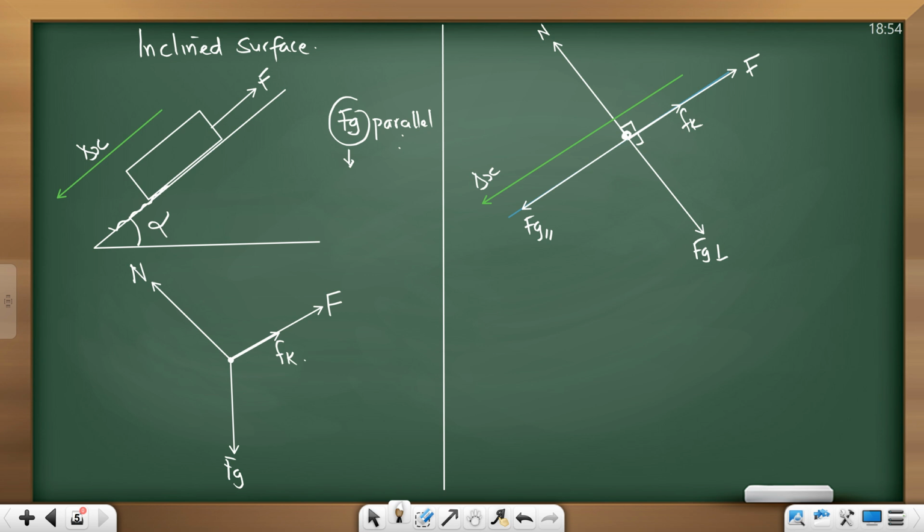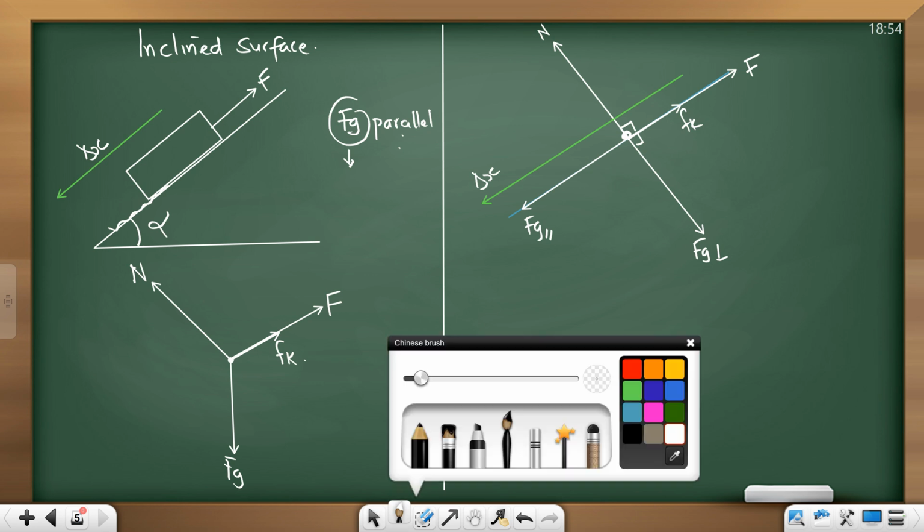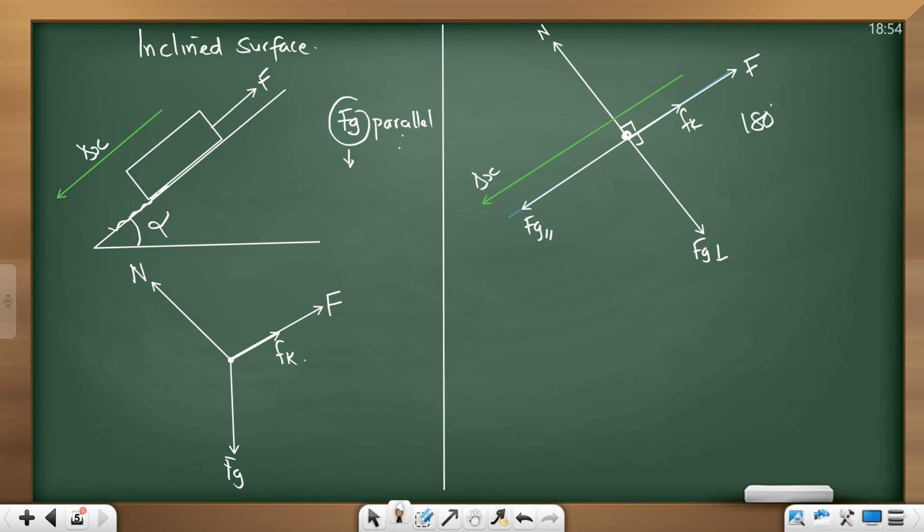Now, what did I say about friction? What's the angle? Theta. Theta is always what? Beautiful. I don't need to think anymore. It means in this case, the theta for friction is 180. So friction is my guide. Friction is always what? 180. Which angle would this be? 0.